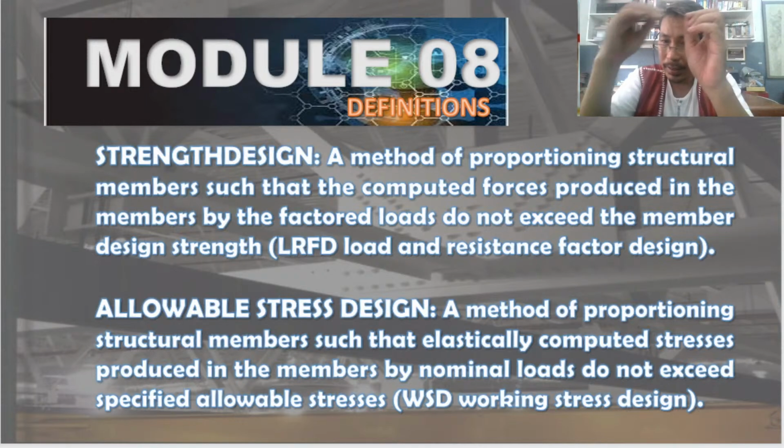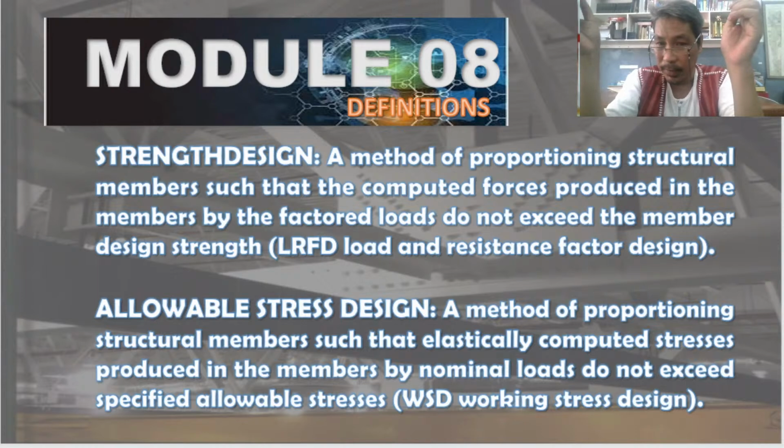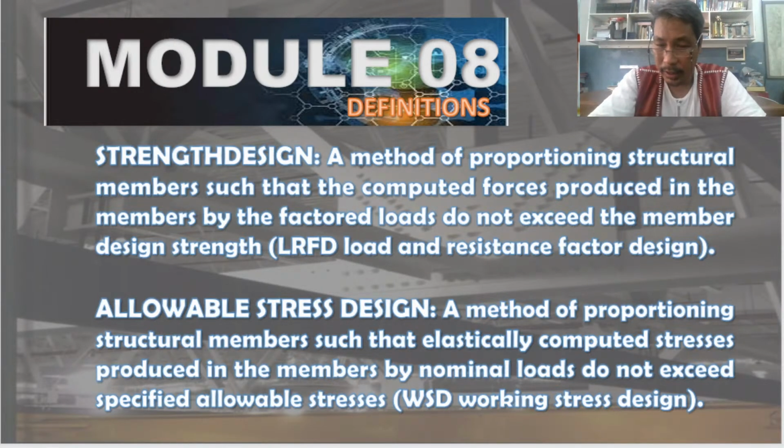The elastic point is very far from the ultimate value when we are talking of steel, and we are designing steel right now. So the region wherein we are designing under allowable stress design is elastic. Computed stresses produced in the members by nominal loads do not exceed specified allowable stresses. Okay, that is the method.